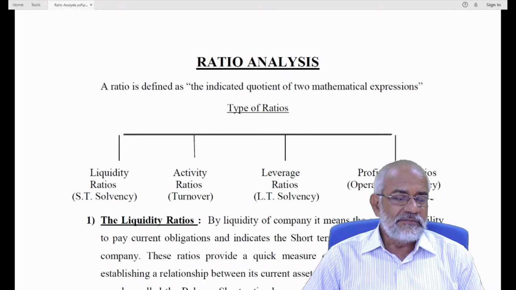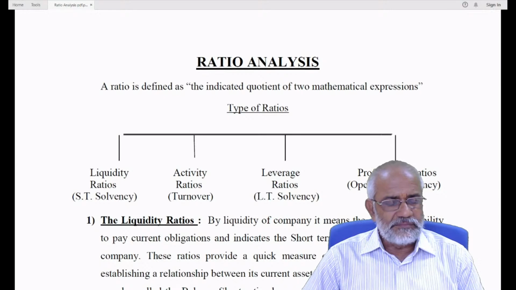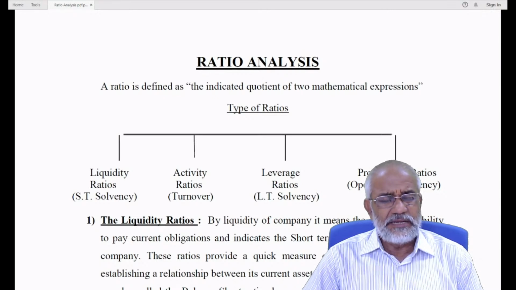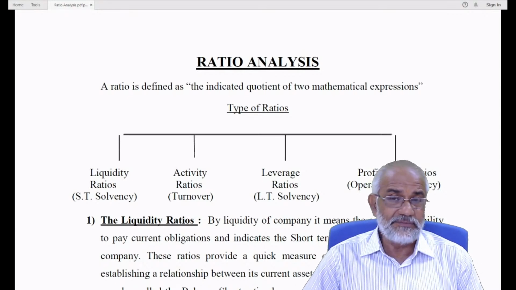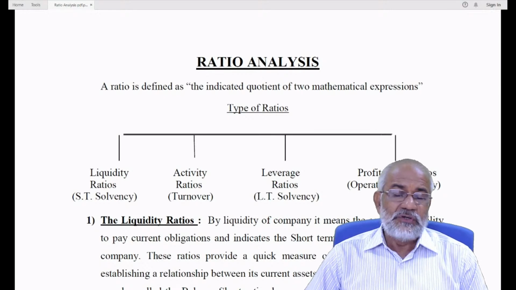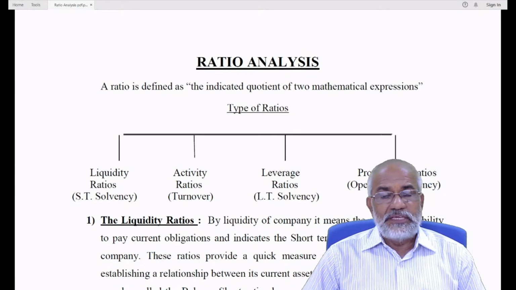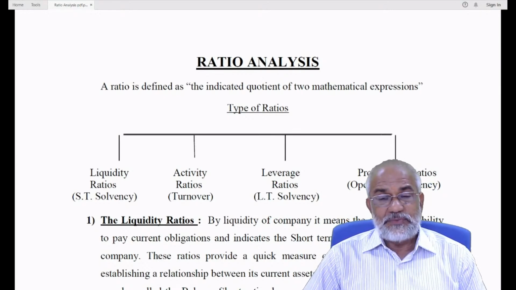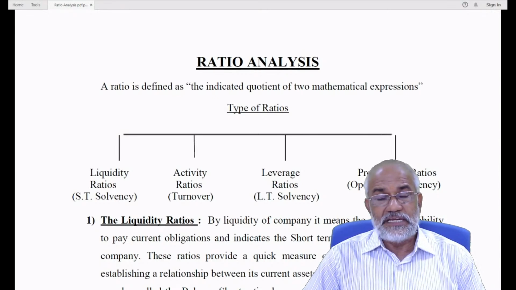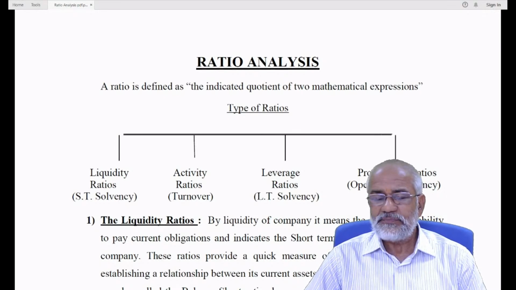And any dividend paid to the equity shareholders or the preferred shareholders will also come under the financing activity of the organization. So when you talk about Accounting Standard 3, the cash flow has to be presented in the format as prescribed by the accounting standard.